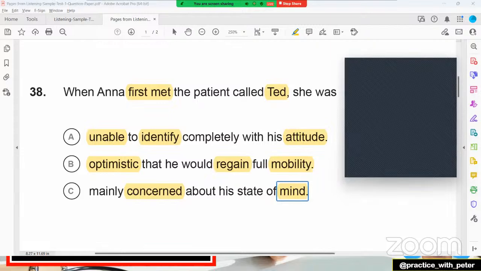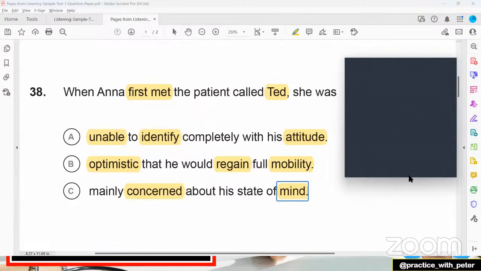Identify: understand, realize, notice, observe.